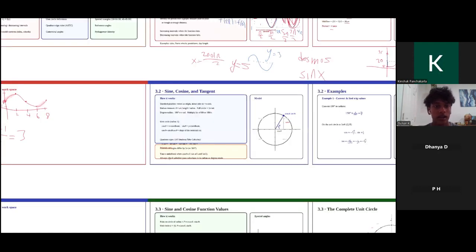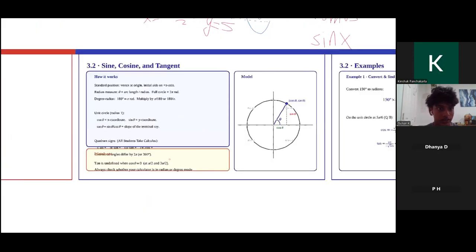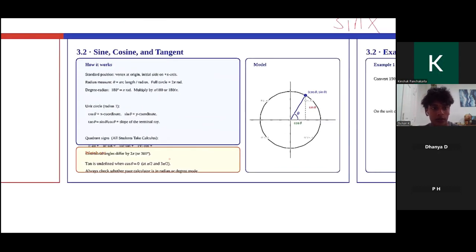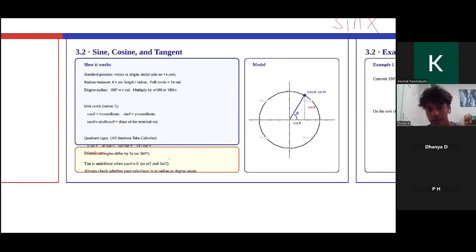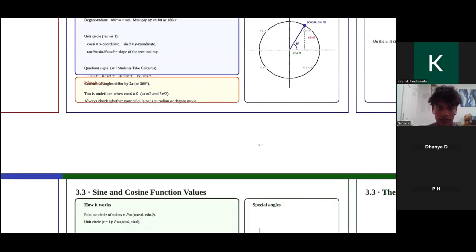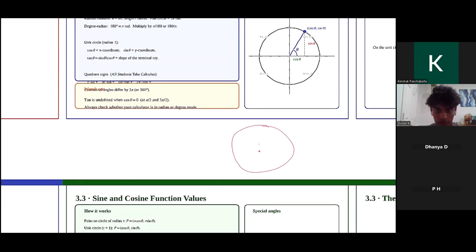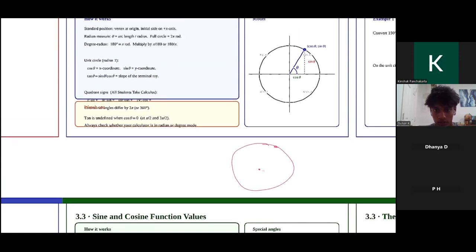Now, we're going to look at sine, cosine, and tangent. Here's how they work. This is the unit circle. If you just look at a circle, and any point, let's say this is a point we're choosing, if we draw a line to this point, and by the way, I'm going to draw the x-axis and y-axis so it's easy for you guys to see, then right away we can draw an altitude, which makes this a triangle.